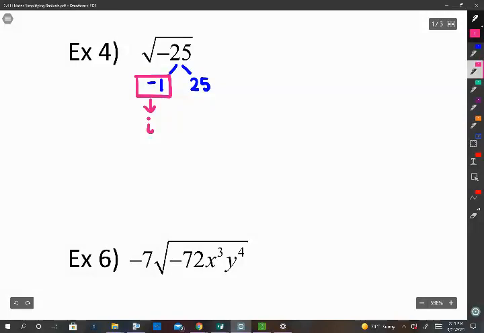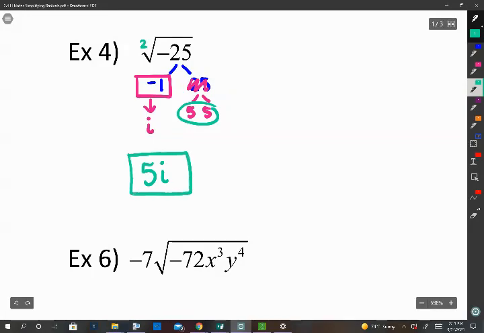Then I'm going to take that 25 and figure out what times what is 25. So this is 5 times 5. Because I've broken down the 25, this is no longer here. And now I do the same thing. There's really an imaginary 2 sitting here, so I need a pair. I have a pair of 5s, so it's going to go on the outside, and an i always comes on the outside. In this case, I have nothing left over, and so this is my answer.